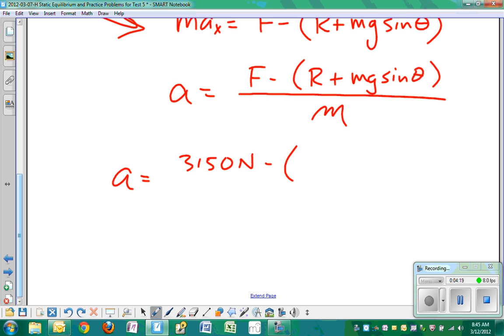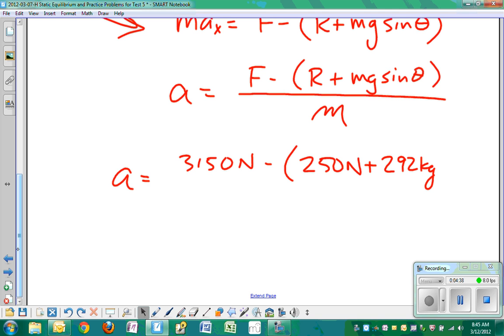250 newtons plus mg. What's the mass? You told me before. 292 kilograms times g.